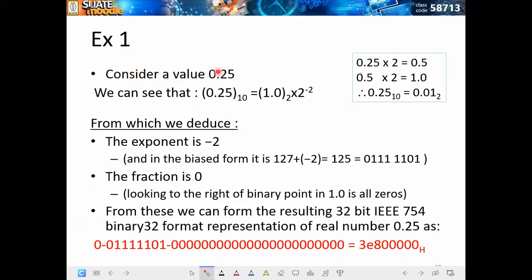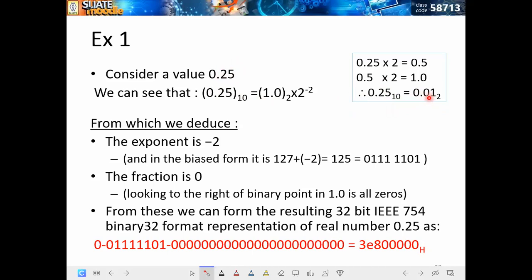Consider a value 0.25. This is a decimal value, right? If you convert this 0.25 decimal value to its binary value, you get 0.01. That's step 1. Can you remember?